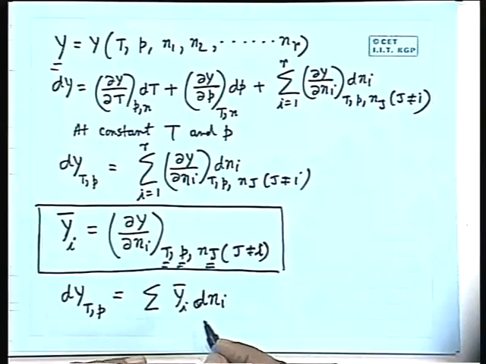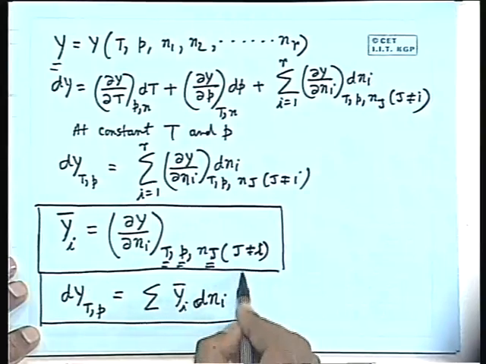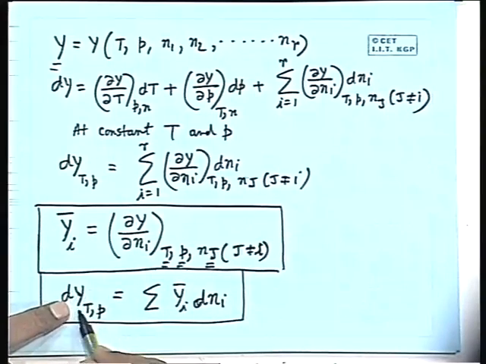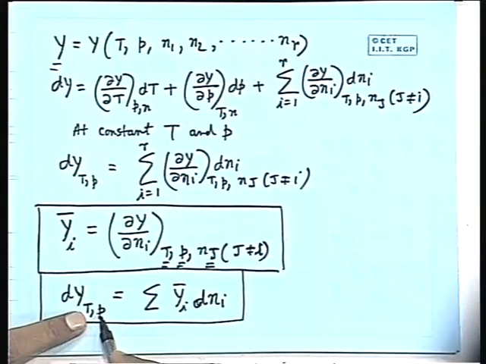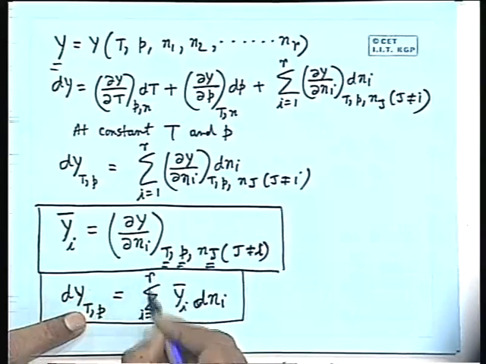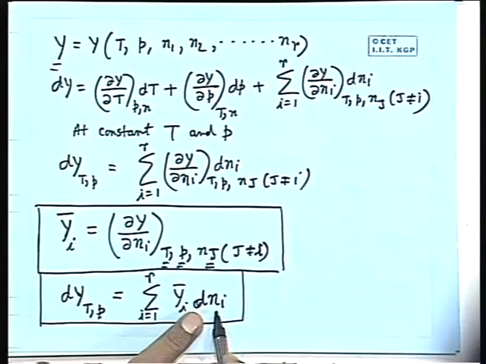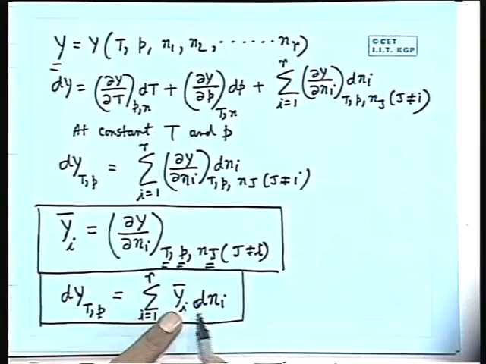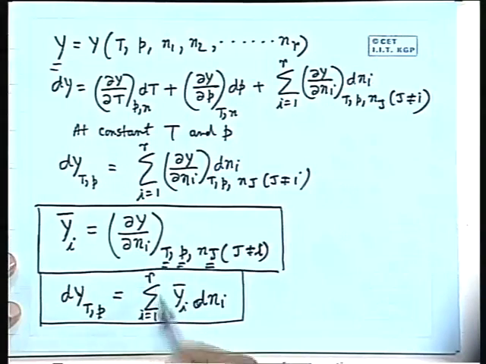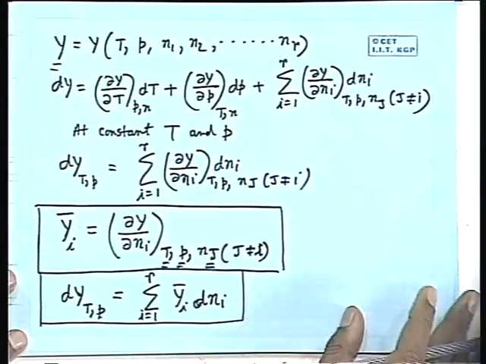Therefore, it is a very, very interesting relationship that the change in any extensive property Y at constant temperature and pressure of a multi-component system consisting of R components equals the sum of the product of the partial molar property times the change in the number of moles of a particular component, and this summation extends from 1 to R, that is, for all the components. So, this is a very, very important relationship.